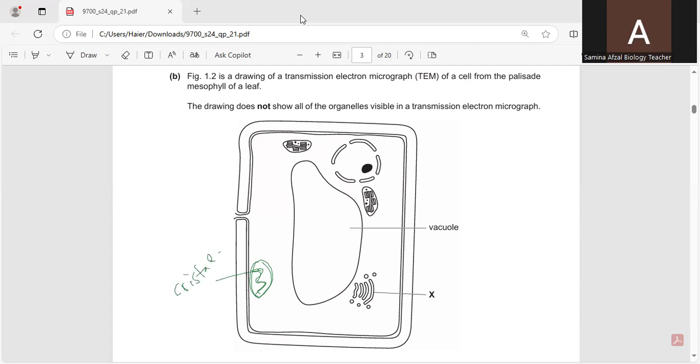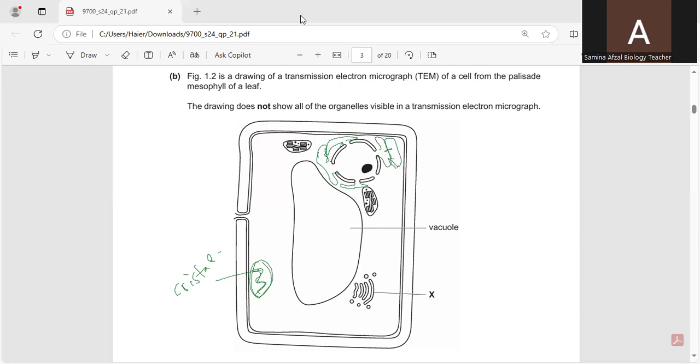And you can say the endoplasmic reticulum originates from the nuclear membrane. In this way they form cisternae.